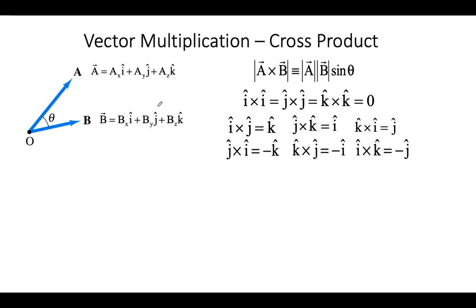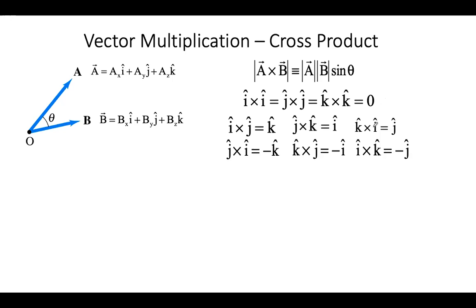So I've got 2 vectors in 3 dimensions, and I kept it in Cartesian. I just want to remind everybody, i cross i, j cross j, and k cross k are all 0. And there's a cyclic nature to the other unit vectors. i cross j is k, j cross k is i.